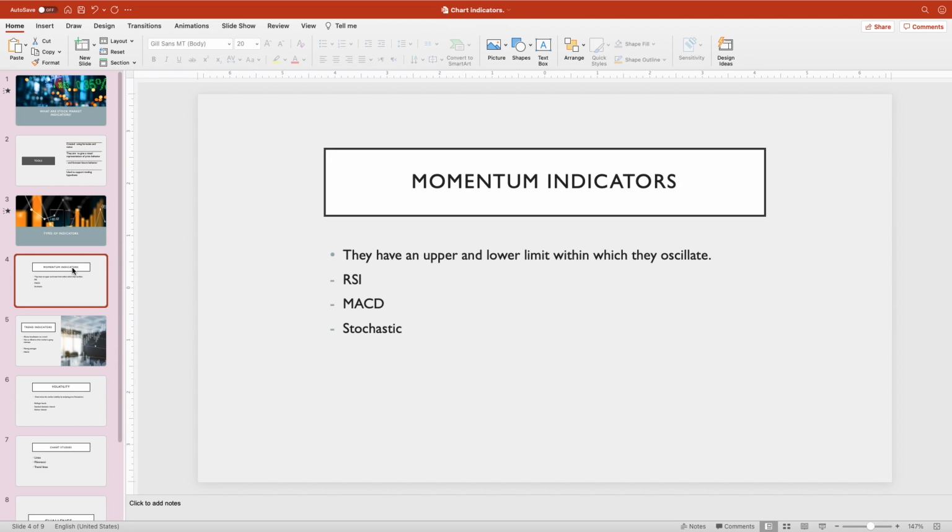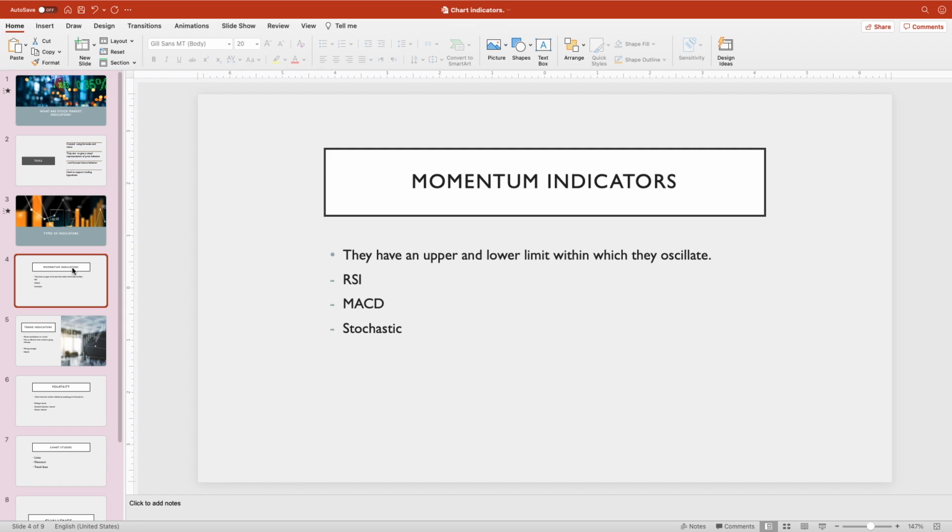First, you would have the momentum indicators. They are indicators that have a lower and upper limit, and usually they oscillate within that range, and they will give you information that will tell you the strength that is behind a trend.